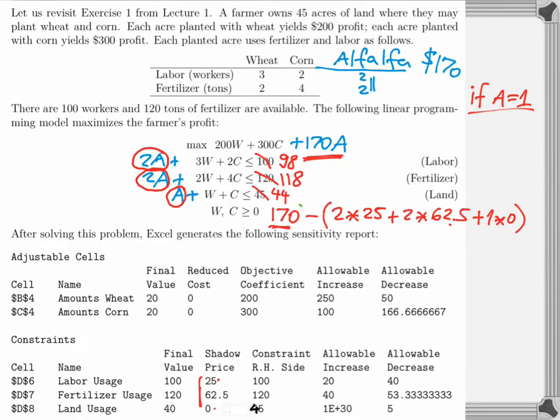The 170 is the good side of alfalfa. The stuff in this parenthesis is the bad side of alfalfa. What is bigger? Well, if you calculate what's in the parentheses, it turns out to be 175. So the result is minus 5, because I had 170 minus 175.